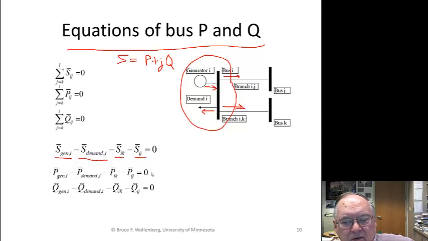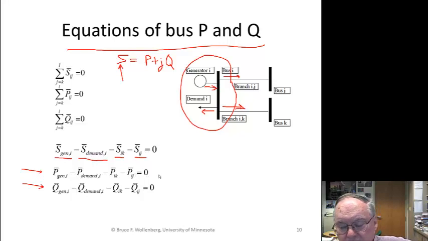Then we break that down into its real and imaginary parts. This is a complex number, so we can break it into its real part and its imaginary part, the P and the Q parts. Again, P gen minus P demand minus P_IK minus P_IJ equals 0.